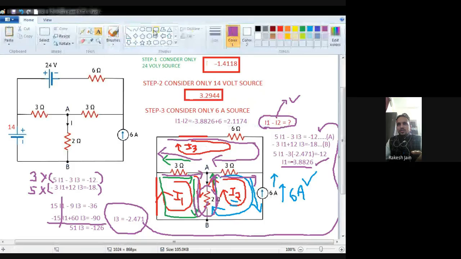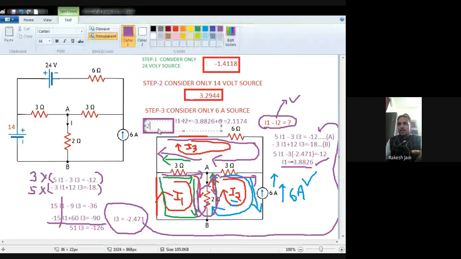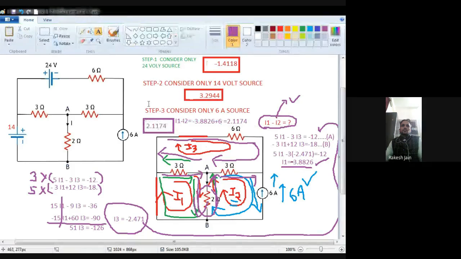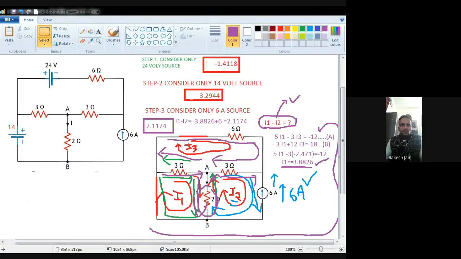So I have to find the current through this 2 ohm resistor. In this third step, the current is I1 minus I2. So the answer is I1 minus I2. To find I1 minus I2, I solve all these steps.